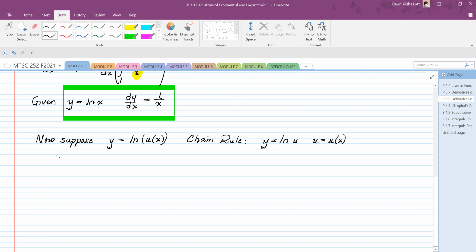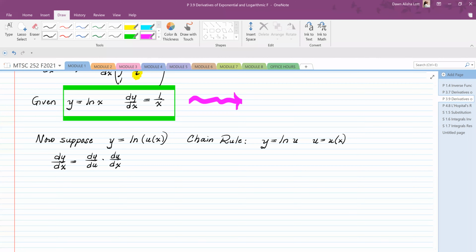So in order for me to find dy/dx, I have to take dy/du times du/dx. Now, what is the derivative? We already know that the derivative of the log of x is 1 over x. So let's just extrapolate a little bit.